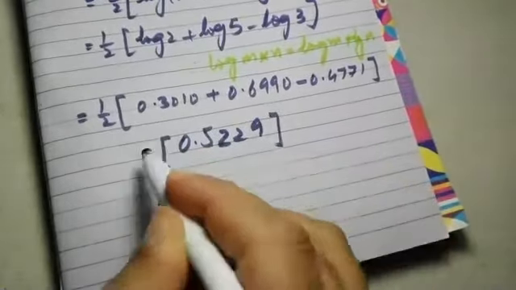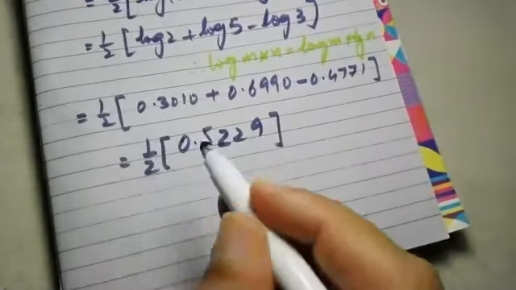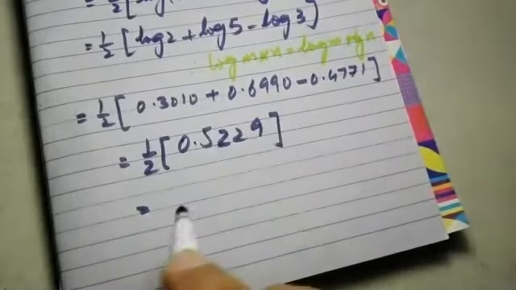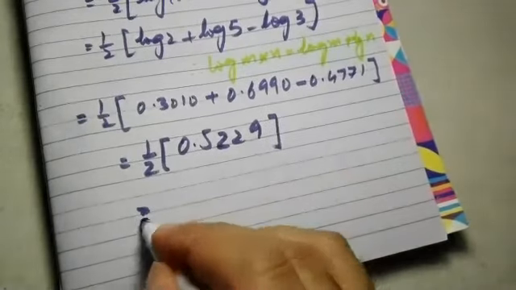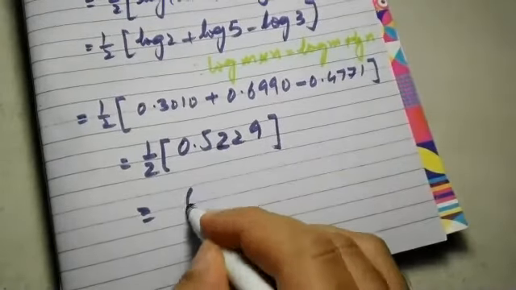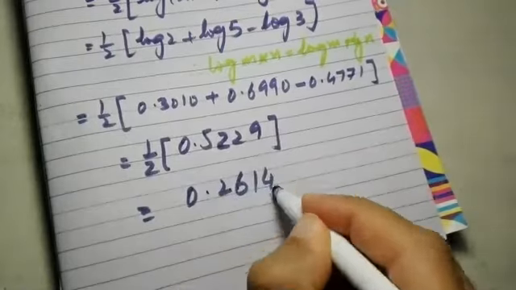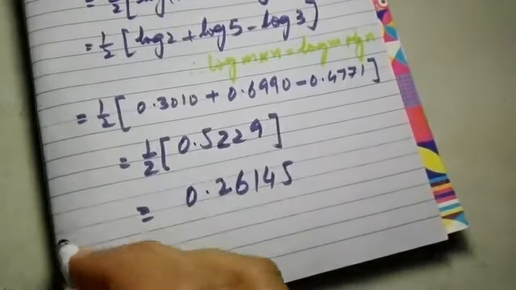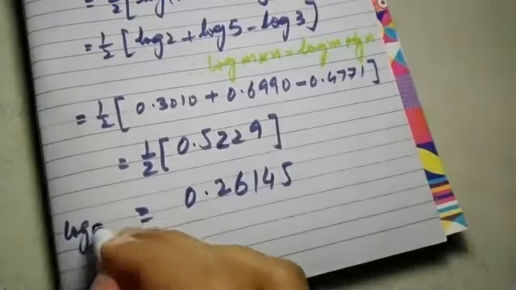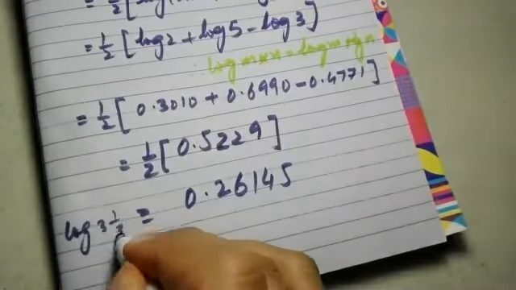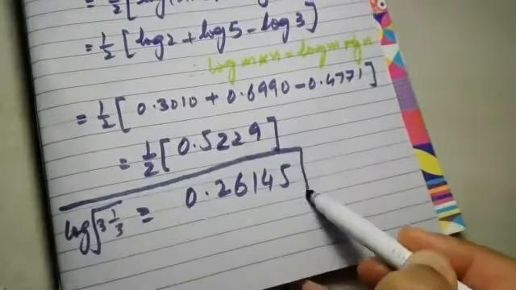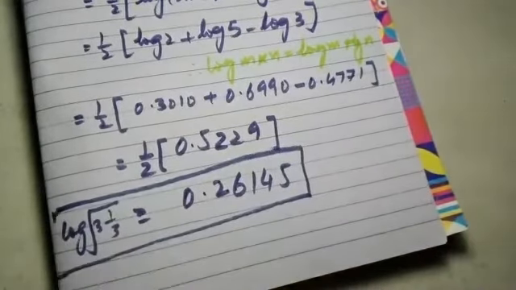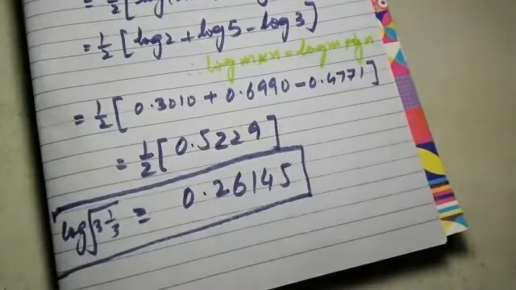In the next video I will explain how to utilize a scientific calculator for the calculation of logarithms. By division by 2, our answer becomes 0.26145. So this is the answer of the question, and this completes the question. It does need a calculator as well.